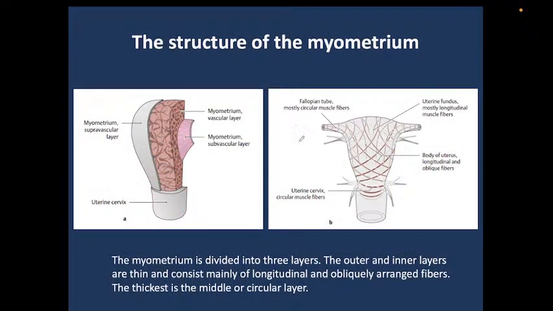Here the myometrium is visible, of course, the most important layer, and the myometrium can be divided into three layers. The outer and inner layers are thin and consist mainly of longitudinally and obliquely arranged fibers, but the thickest is the middle one, and it has a circular direction, and it is visible here.